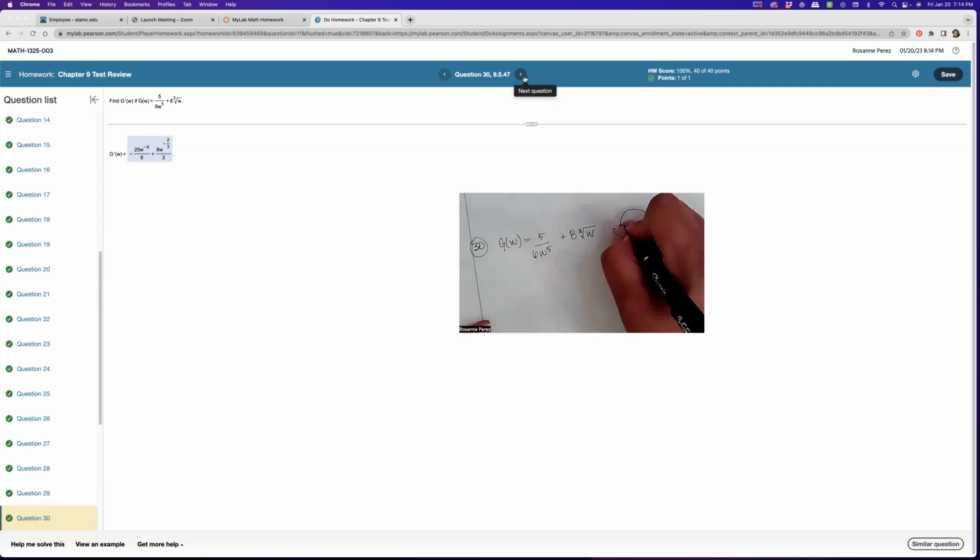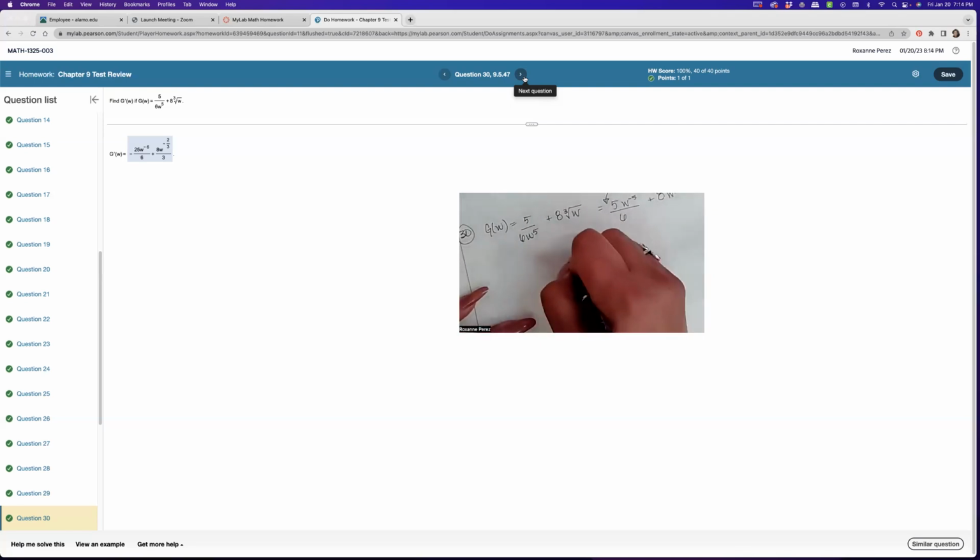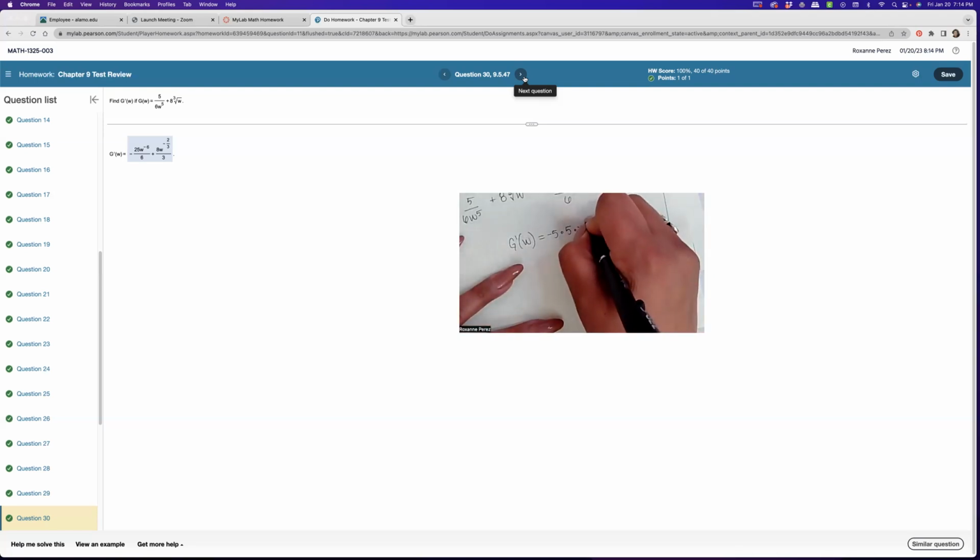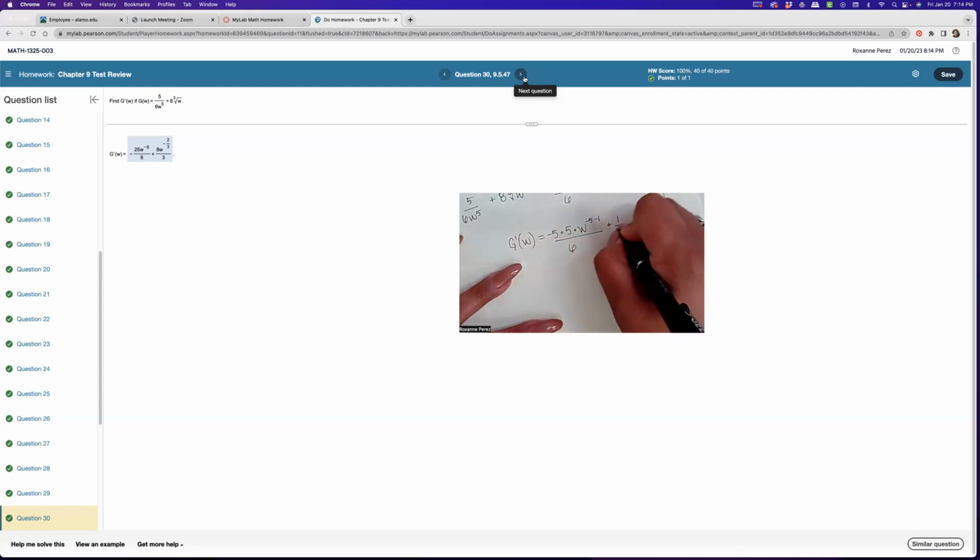Take the exponent, bring it to the front, multiply, subtract 1. So g prime of w equals -5 times 5 times w to the -5 minus 1 over 6 plus 1/3 times 8 times w to the 1/3 minus 1.